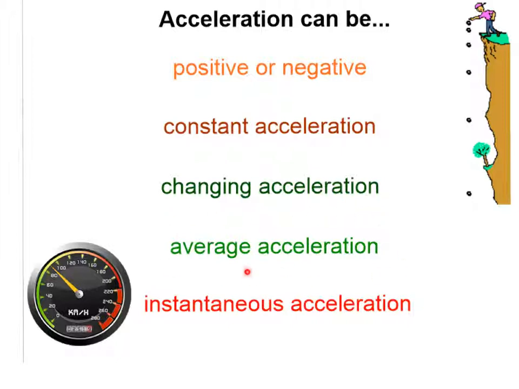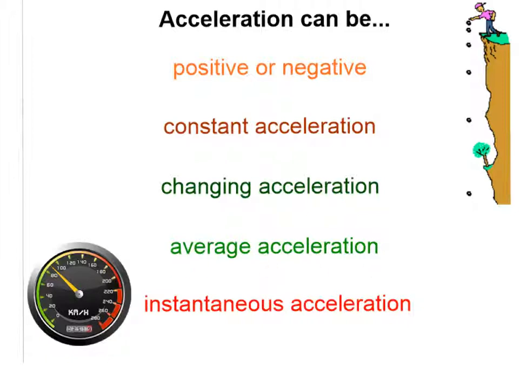And I'd like to just take a look at these two terms, average acceleration versus instantaneous acceleration. It's a similar idea to our average velocity versus an instantaneous velocity. Remember, our instantaneous speed would be measured by our speedometer, whereas the average velocity over a period of time, we'd have to figure that out.